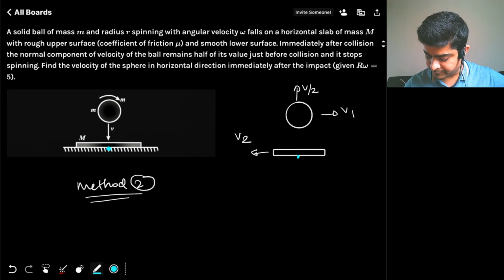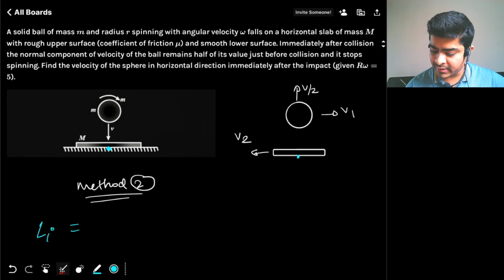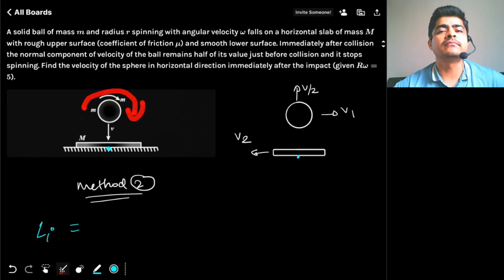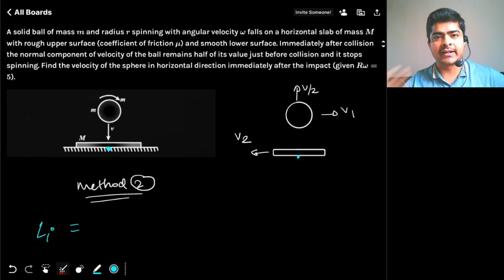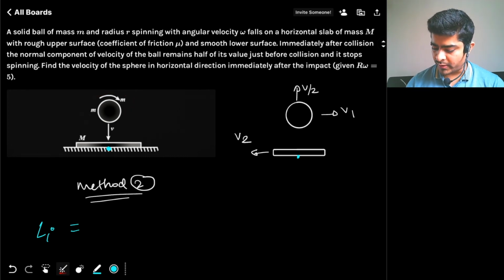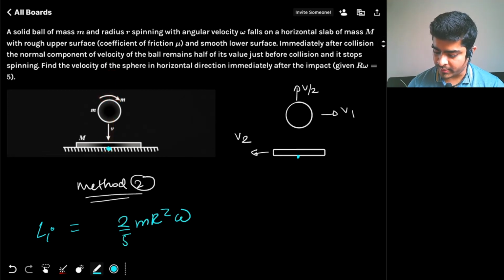So what is our initial angular momentum? Let's say that clockwise angular momentum is negative. You apply it along the negative z axis. So about this point, this will be equal to 2 by 5 m r square omega with a minus sign.